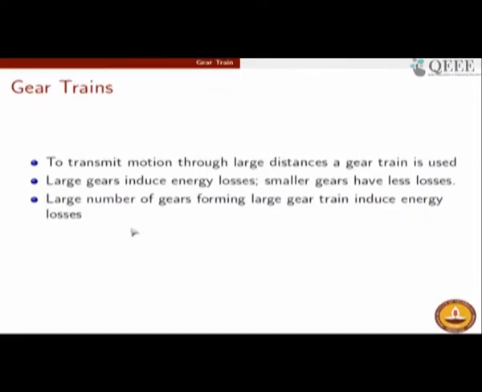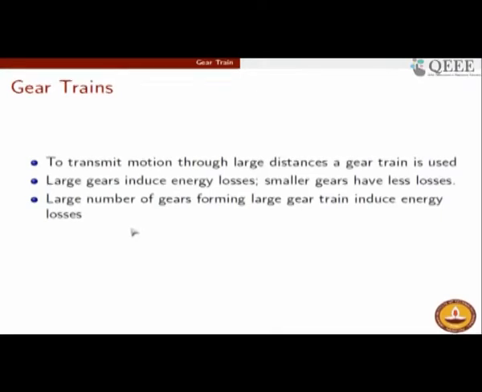So one should not try to transmit mechanical power over large distances using a gear drive. That is not advisable. There are better procedures available. For example, chain and sprocket could be a better idea to transmit motion over large distances.